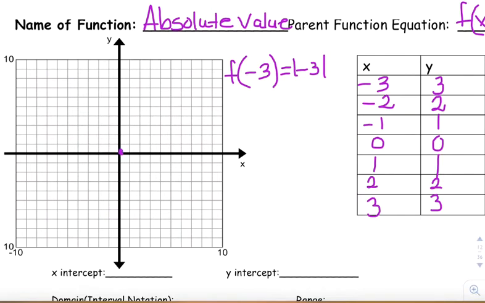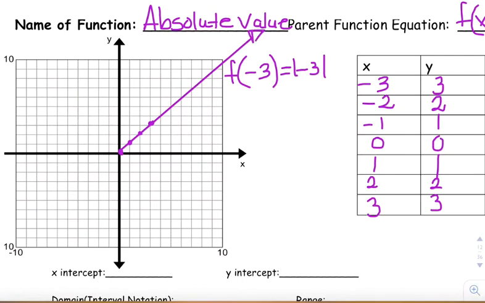So we have 0, 0, 1, 1, 2, 2. Notice very much so linear behavior. In fact, there's a connection between lines and absolute values. So that's exactly what it's going to continue doing on the right.